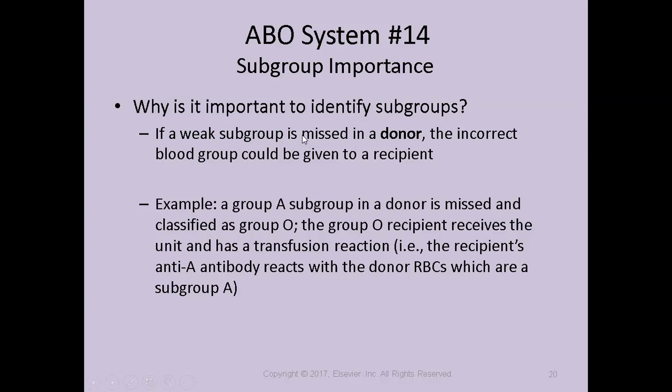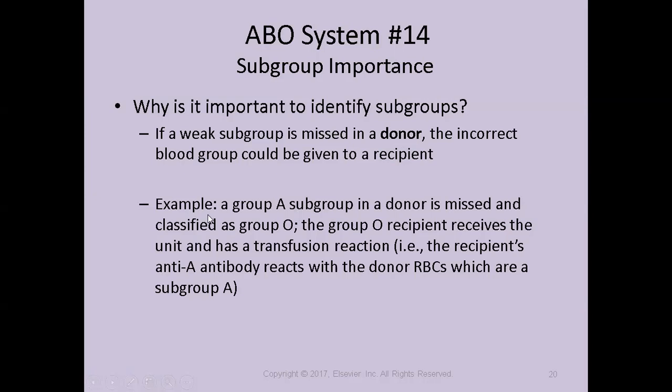If we miss that subgroup in forward grouping, there's no reaction, that donor may type as O, okay? And what do we know about type O? Type O is the universal donor. Okay, so we could be giving erroneously these A subgroup cells, which we think are O, to a recipient, and there could be a transfusion reaction.